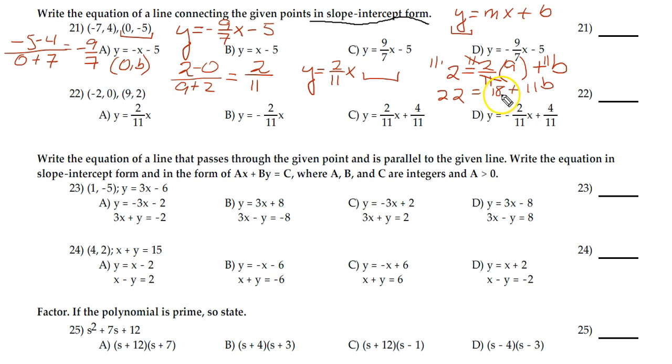Now we're going to subtract 18 from both sides, and we get a 4 equals 11b. Divide both sides by 11, and our new b is 4/11. So up here, we're going to put in plus 4/11. And our answer then is C.